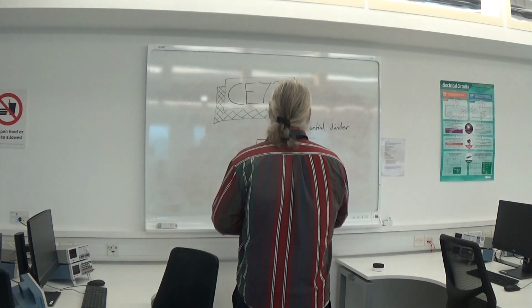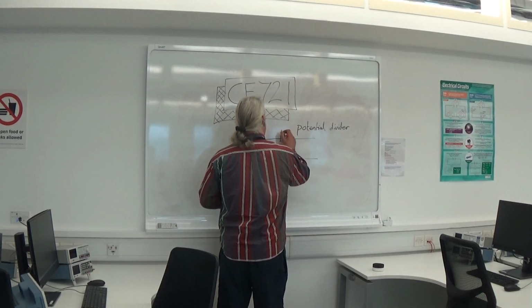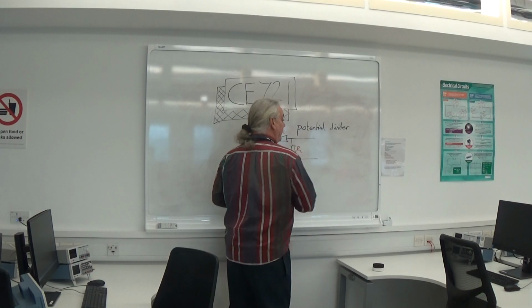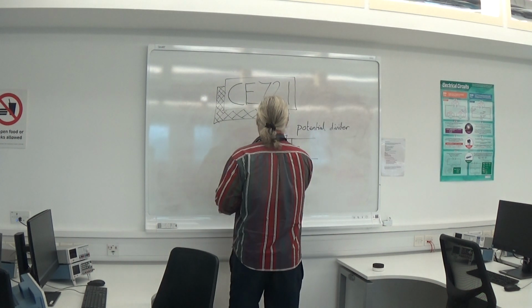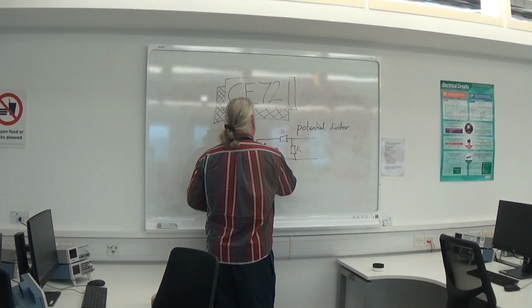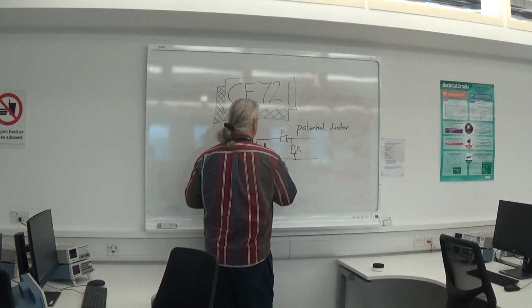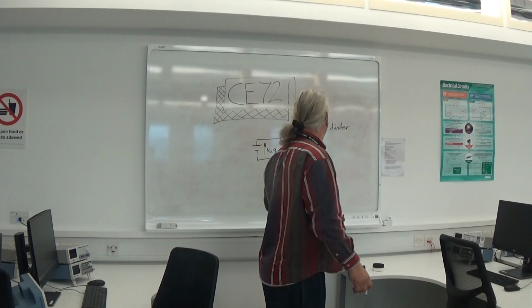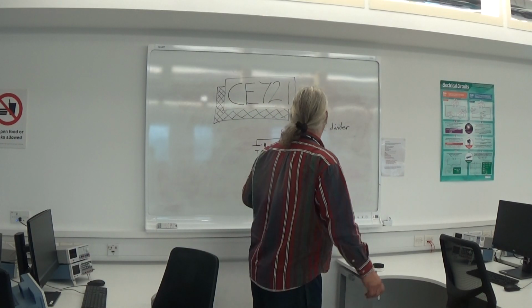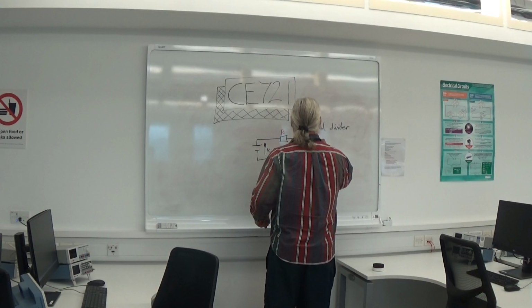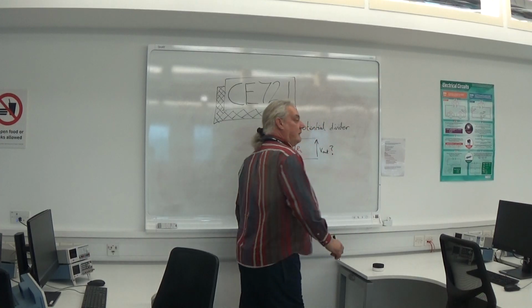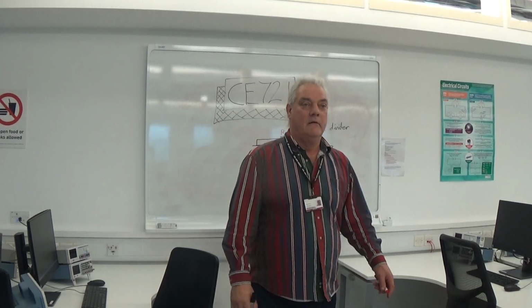I'm not going to do it here. And you've got R1, resistor 1, R2, resistor 2. If this is V in, which we'll say is 9 volts, because that's one of those little square batteries, yeah. So what I want to know is what's V out. What's V out? What's the answer?